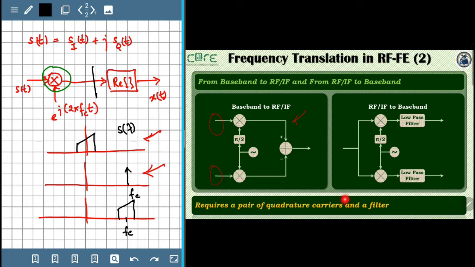What happens next in this block diagram is that we take the real part of this signal. The real part basically corresponds to taking a complex signal and adding to it the complex conjugate of it, and then dividing it by 2.